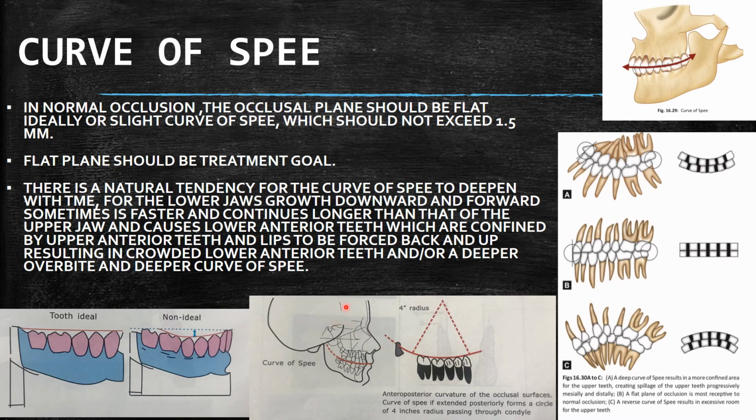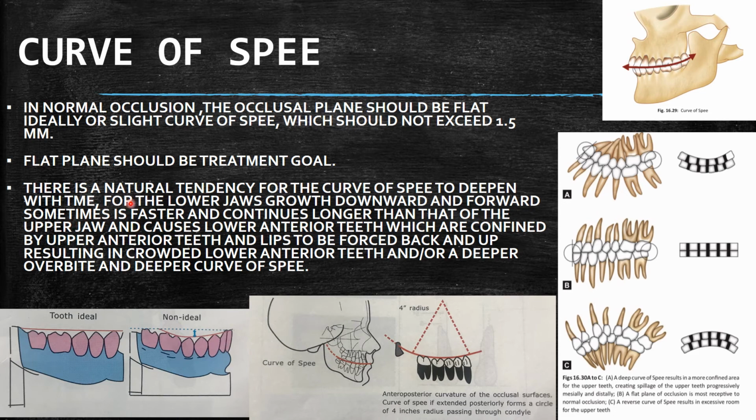In normal occlusion, it should be flat, or slightly curved, and it should not exceed 1.5 mm. So the flat plane should be the treatment goal. This is the curve of Spee, how it passes, and when you're doing orthodontic treatment, it should be flat.